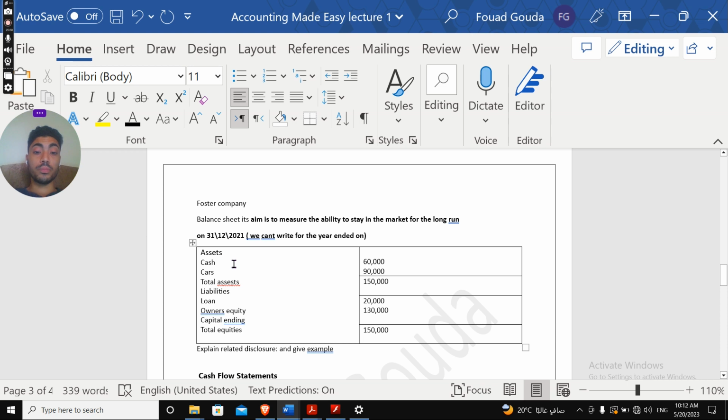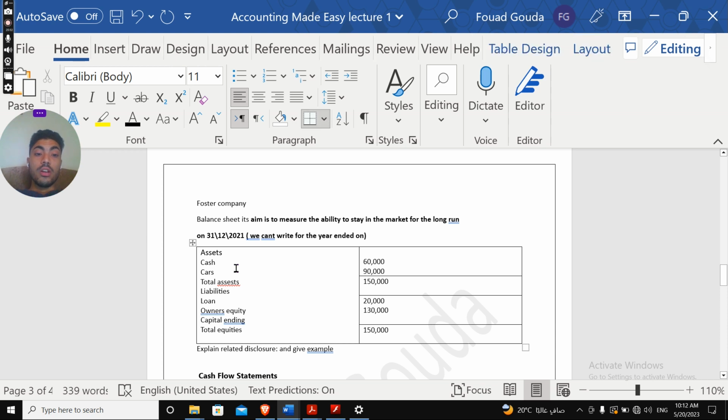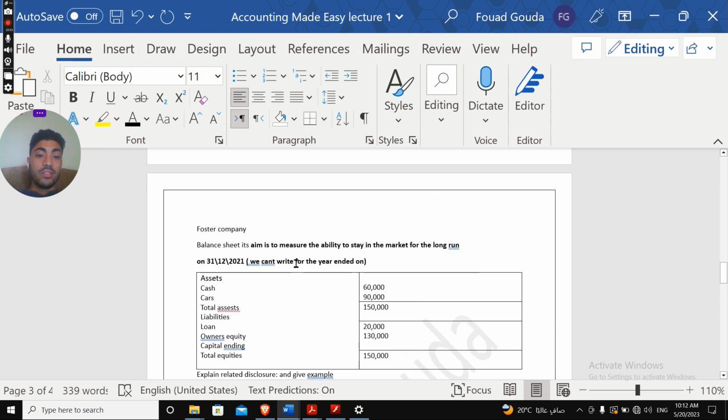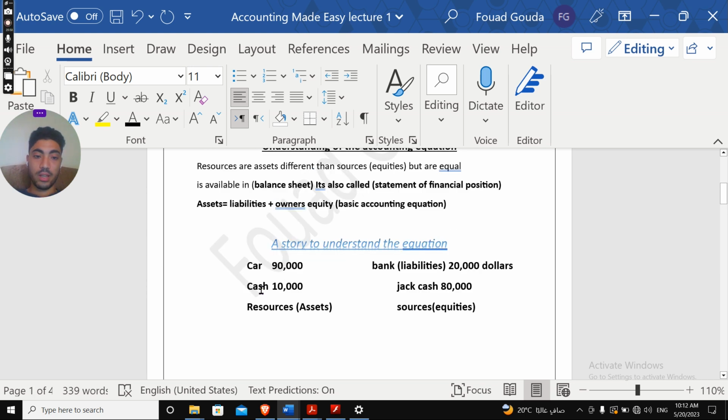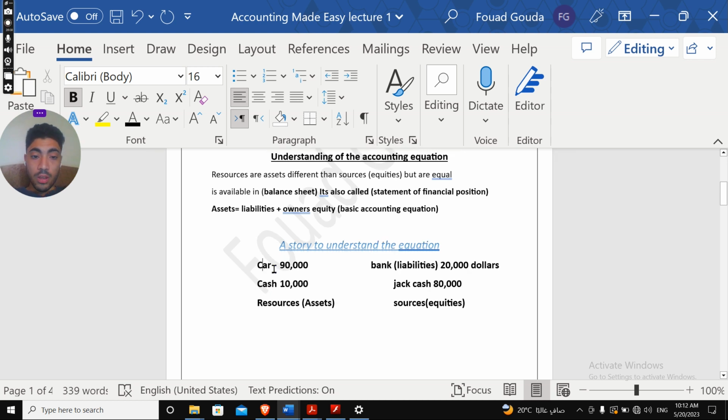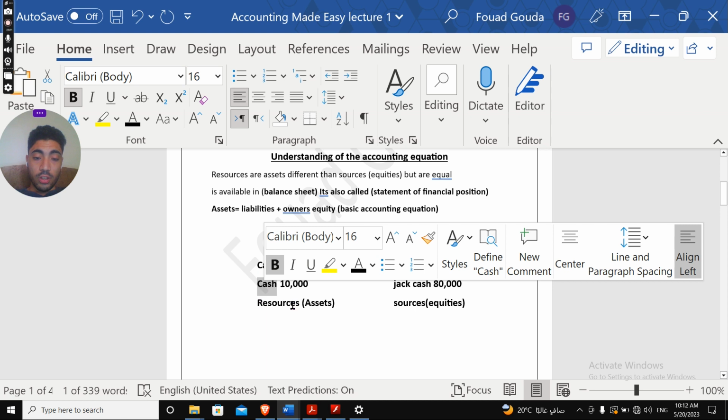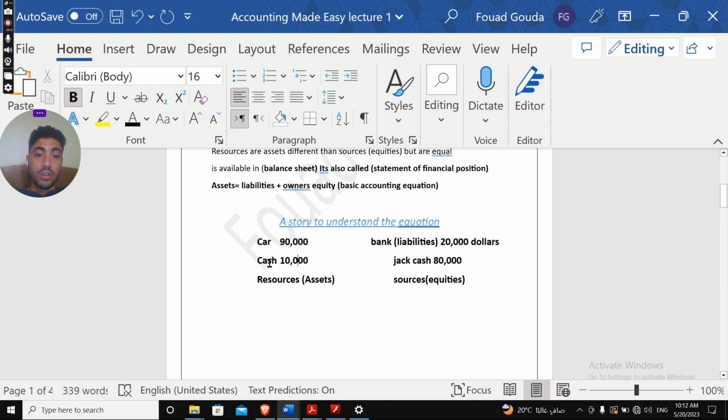So what assets did we have? We had cash of 10,000 and a car of 90,000. Let's proceed with the story and check the cash.